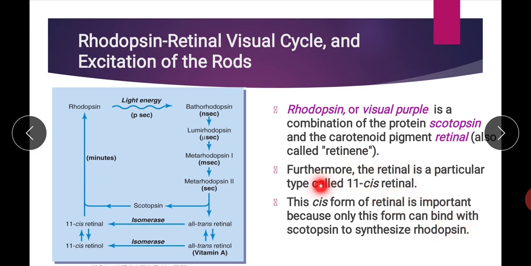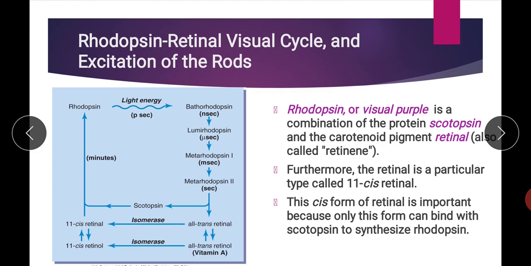So this physical form, known as 11-cis retinal, is important because only this form is able to bind with scotopsin and synthesize rhodopsin. So one thing is clear: rhodopsin is made up of scotopsin plus 11-cis retinal. That is the final composition of rhodopsin.